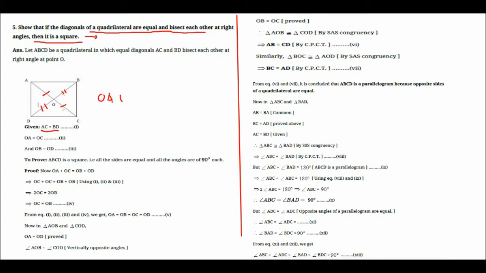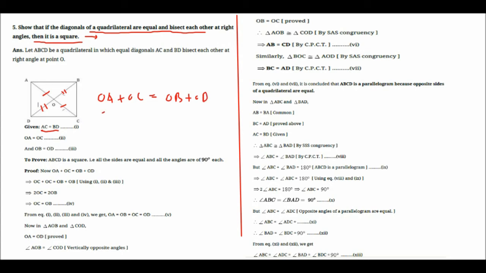So in quadrilateral ABCD, we know that OA equals OC, right? So we are going to start with the concept OA plus OC equals what? Because the two diagonals are equal, equals OB plus OD.